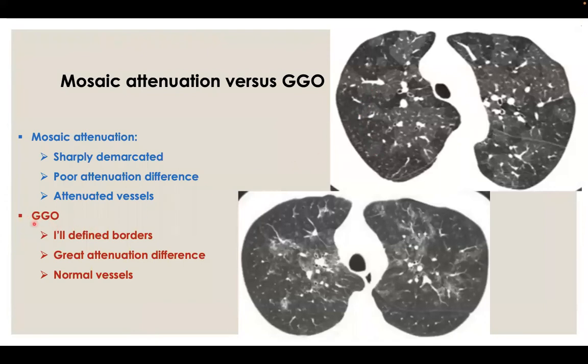But in case of ground glass opacities, there are ill-defined borders of the ground glass areas, great attenuation difference between the normal lung and the ground glass areas, and the vessels are normal within both the normal lung and the ground glass areas.